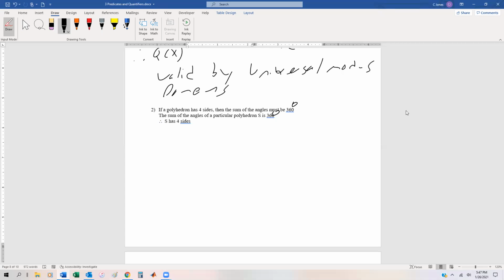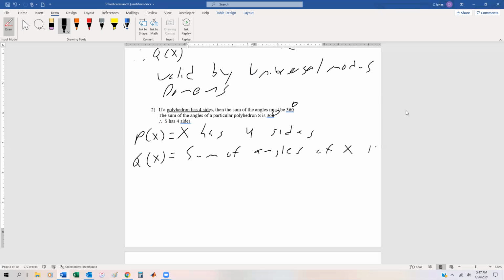So let's call it P of X, and let's say X has 4 sides. And we would just assume that if it has 4 sides, it's going to be a polyhedron. Let's call Q of X defined as the sum of the angles must be 360. So the sum of the angles of X is 360.